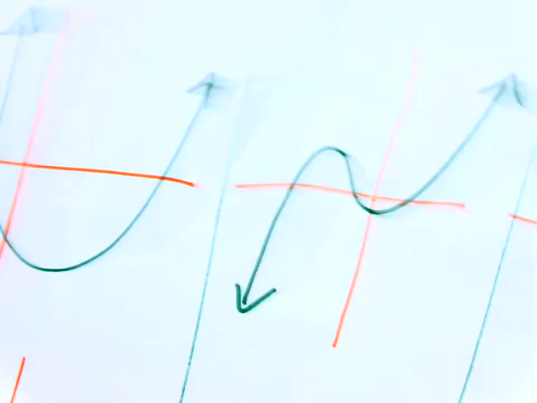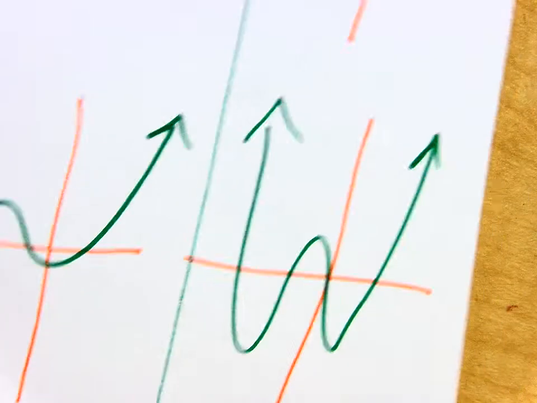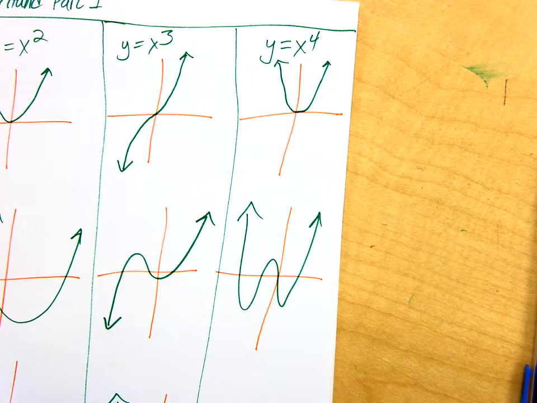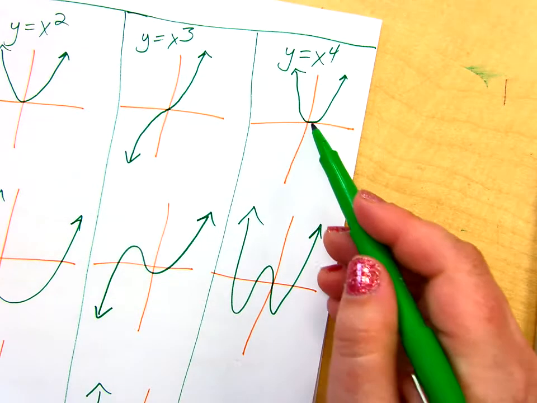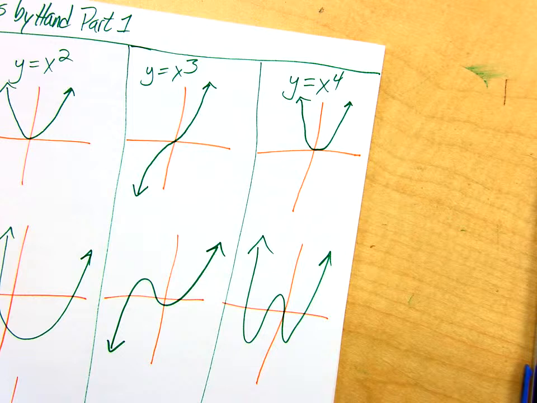But, back to these quartic graphs. They can look like W's, or some variation of a W. Or they can just look kind of like a flattened parabola. I wish I had more room on this paper, but I don't.